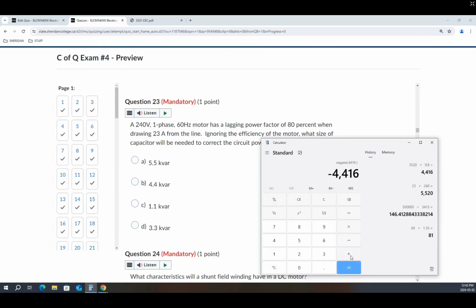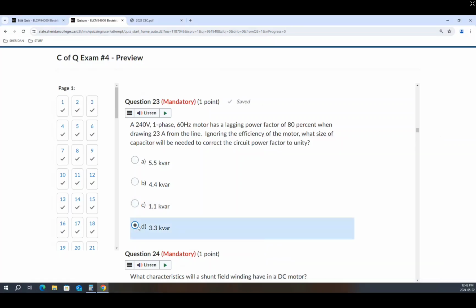So I'm going to make this a negative, I'm going to add 5520, and I'm going to take the square root. So I'm going to get 33.2. And they're looking for kVAR, so like decimal over 1. So it's 3.3.